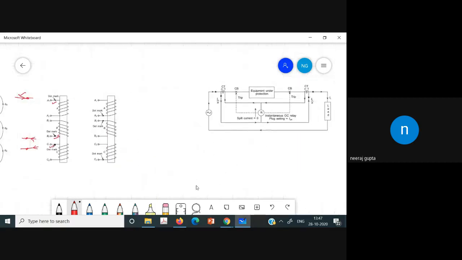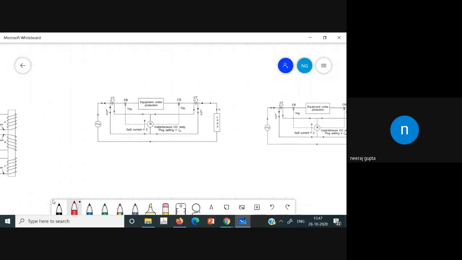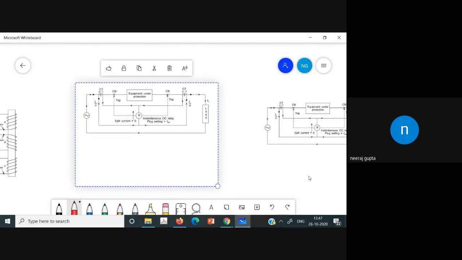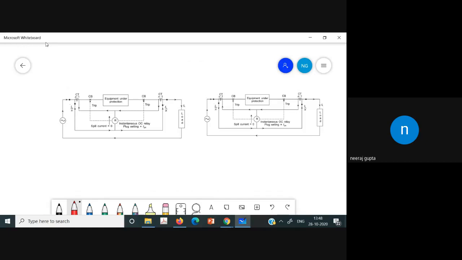Now we will discuss the simple differential protection and various cases of simple differential protection. Under the simple differential protection, we will have the behavior during the load.